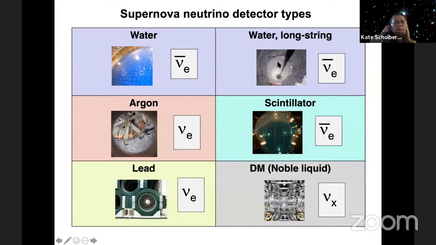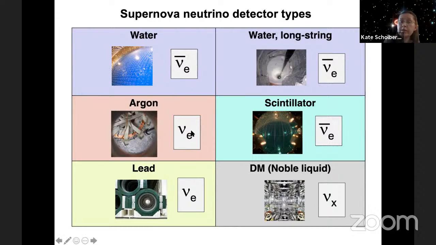So in ice and water, there are these long strings of phototubes that are looking for a kind of overall glow of a signal from mostly inverse beta decay, so mostly nu bar. And so these long string detectors don't detect single events, but they detect an overall time profile mostly dominated by nu bar.